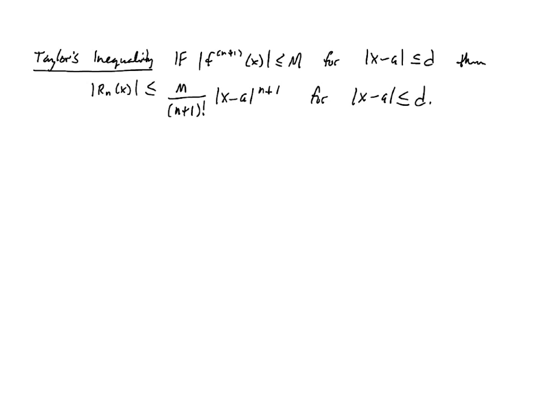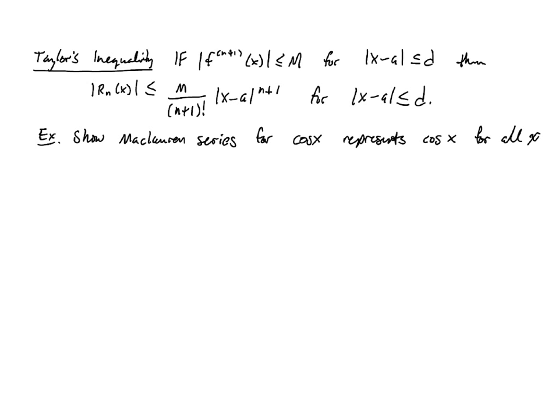And I'm going to use this in an example to show that the Maclaurin series for cosine of x represents cosine of x for all x values.